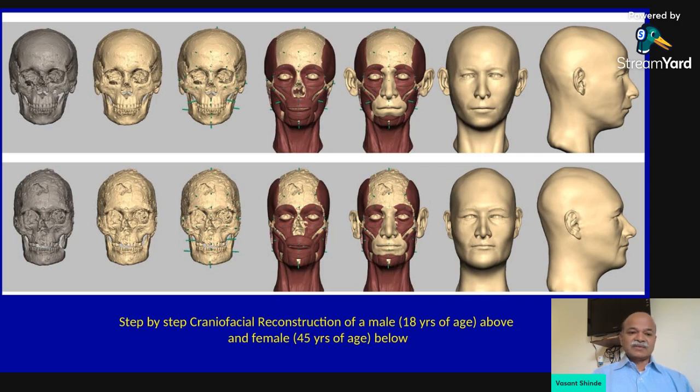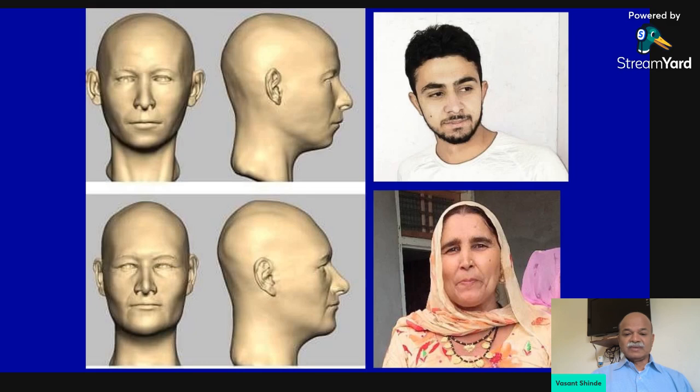We started with the skull feature of the ancient remains, and then, step by step, it reconstructed the facial feature. And finally, we could show how exactly the Harappan people looked. This is possible because of the various scientific methods that we adopted.